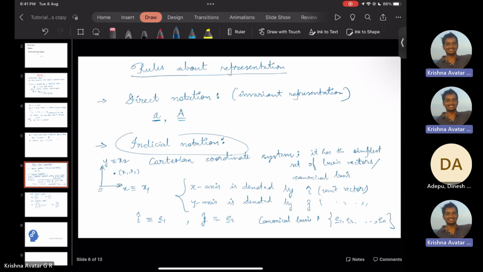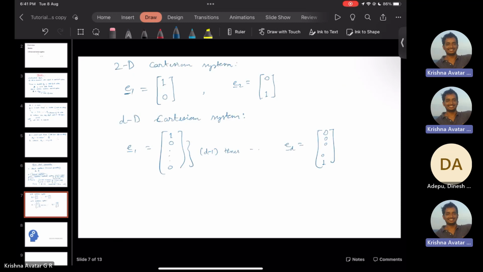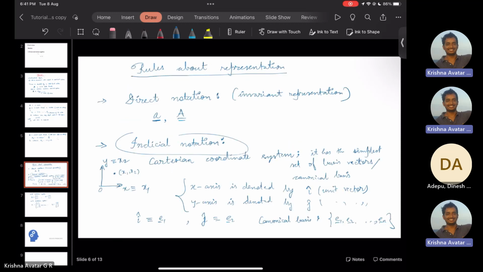Okay, now provided that we have understood the two different types of notation, the first is direct notation. This is the notation by which we denote any tensor.